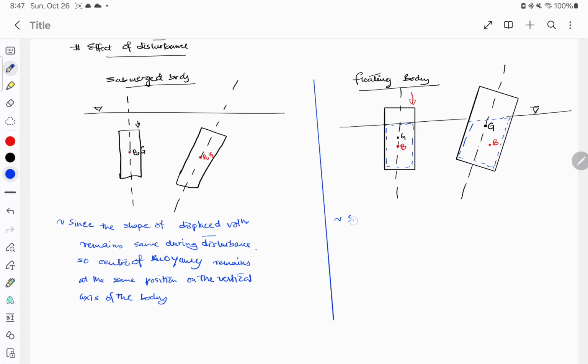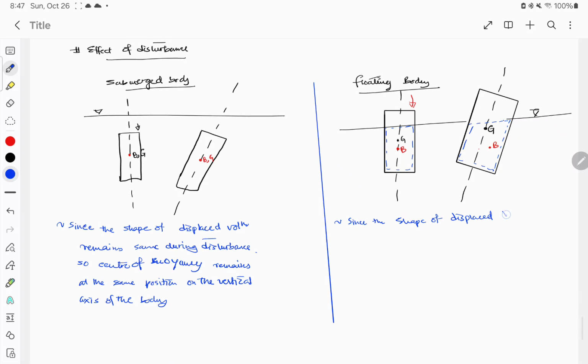So we can write, since the shape of displaced volume changes, right, during disturbance, so center of buoyancy changes its location and shifts from the vertical axis of the body.